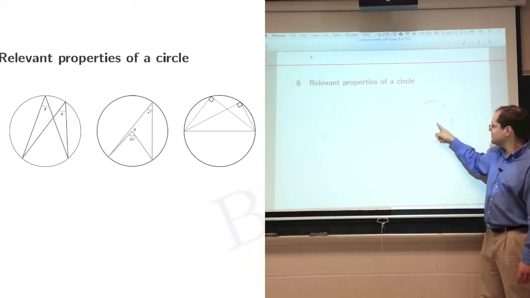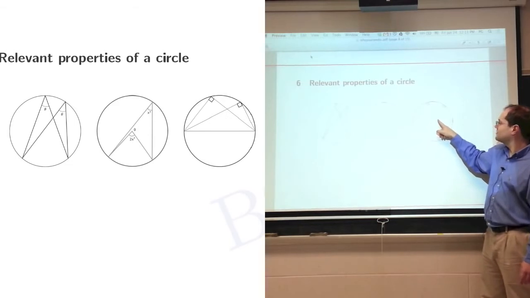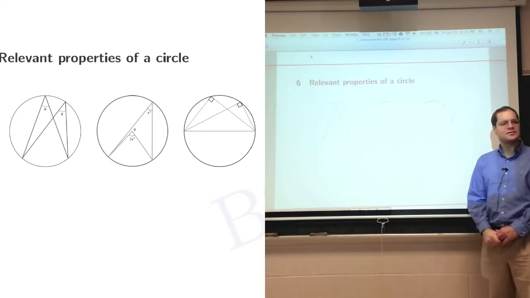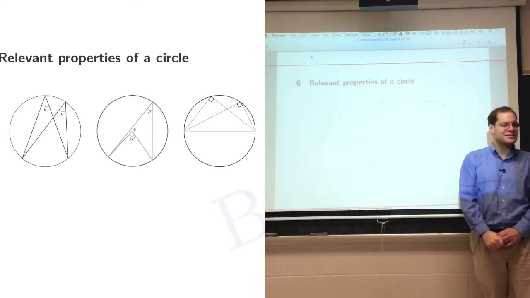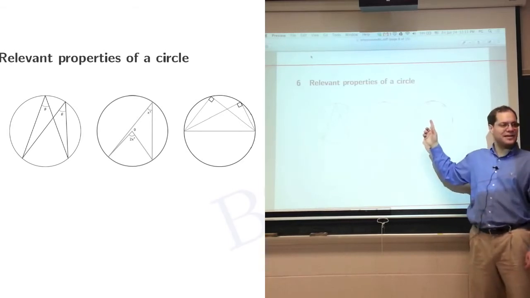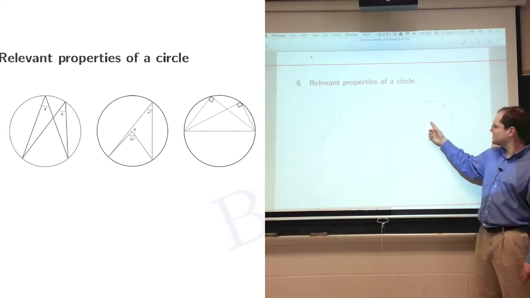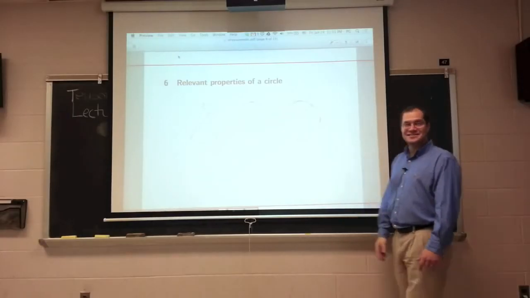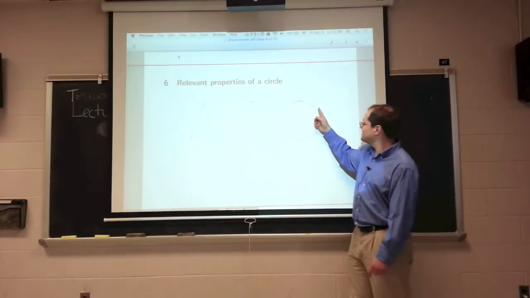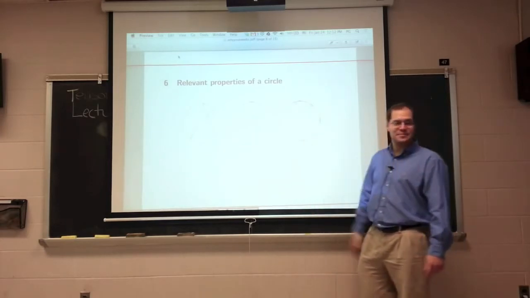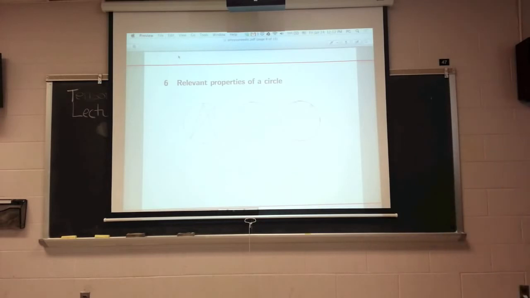Because the central angle is 180. I forget what this angle is called, it has a name. Subtended. Subtended angle. So the subtended angle is half the central angle, and because the central angle is 180, the subtended angle is 90 degrees. So when you talk about 90 degrees, that means you're looking at the diameter, not just some segment, but the diameter. So that's all you basically need to know.